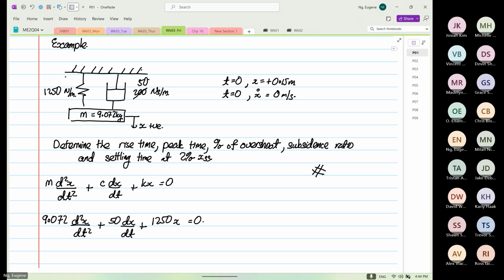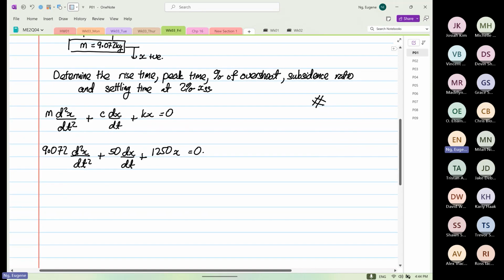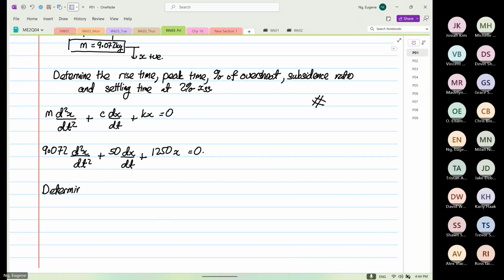So the thing that we have to find, or determine, is what our c squared and 4mk are.